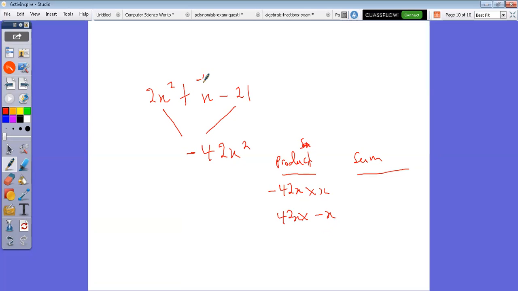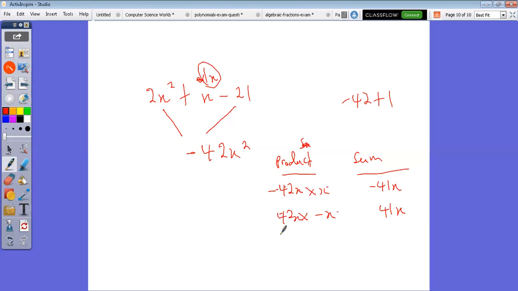The difference should be 1x here. So there's no way I can have a difference of 1 if I add these two here. Because if I add this, I'm saying negative 42 plus 1, that gives me minus 41x. That's out because we have a plus x here. If we add this here, we get 41x. So it's out.